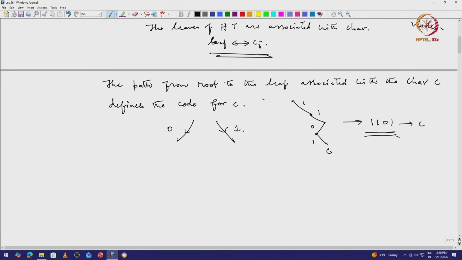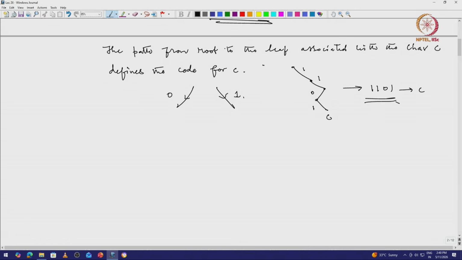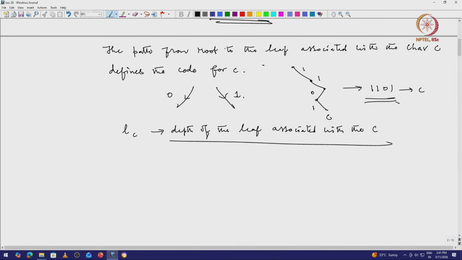So, once we have the tree, we can talk of the size of the binary file in terms of the tree parameters, because the length of the code is nothing but the depth of the leaf associated with the character C. The exact 0 1 sequence depends on the left or right turns, but the length is just how many edges you have walked over.